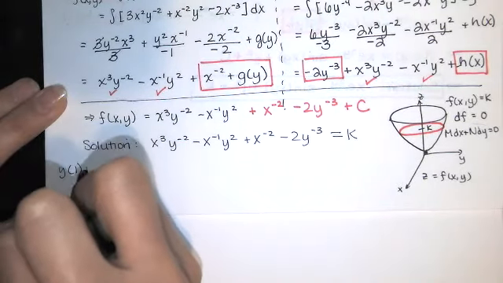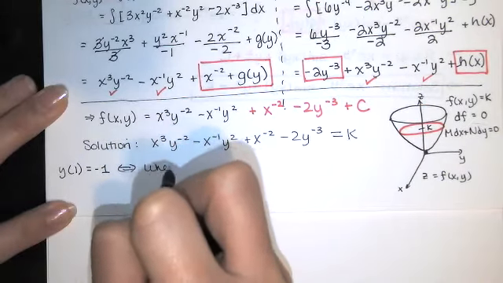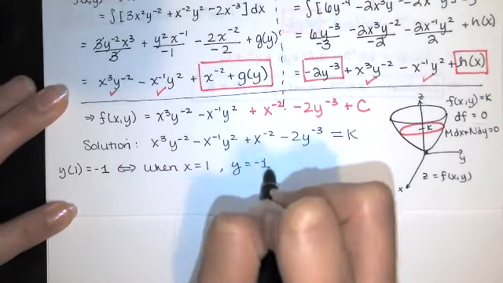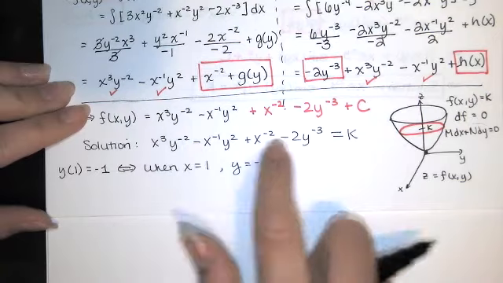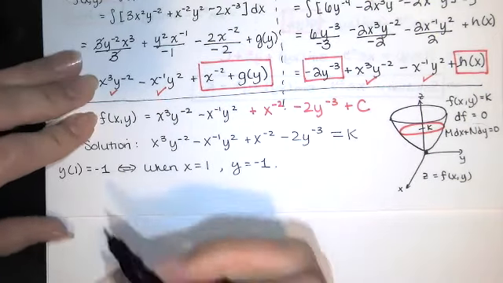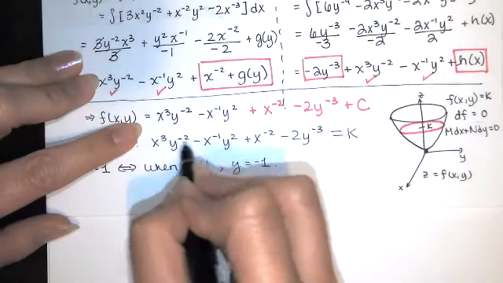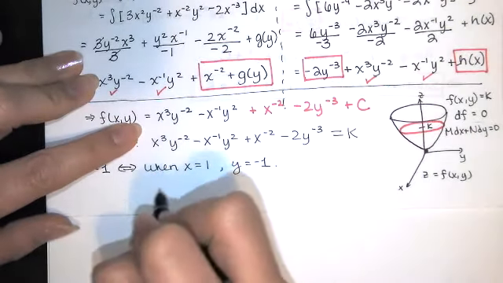So y of 1 equals negative 1 means the following. It means that when x equals 1, y equals negative 1. And you can substitute 1 for x and negative 1 for y over here, and that's going to tell you what k is. So we've got x cubed, and I'm going to write this with the negative exponents. I'm going to put those factors in the denominator.